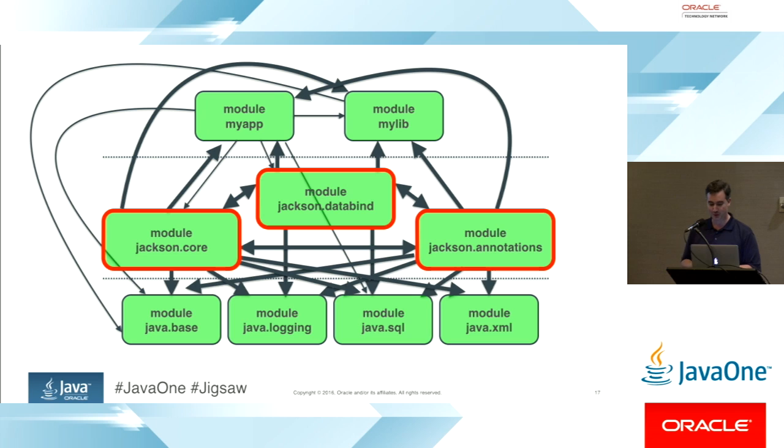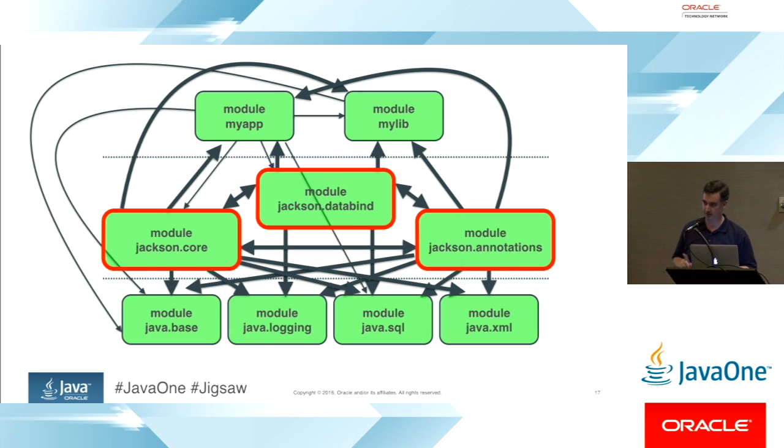The automatic modules basically require everything. That's a feature, not a bug. They require each other, they require all the modules in the JDK image, and all of your modules, look, the arrows are going up as well. Now this is to provide the maximum possible compatibility surface for code in older jar files.